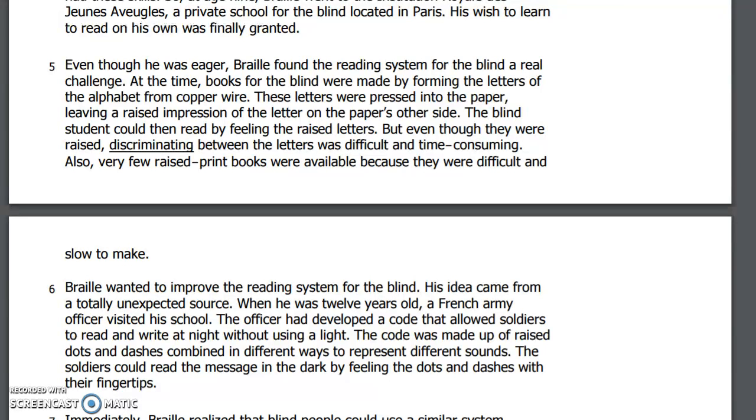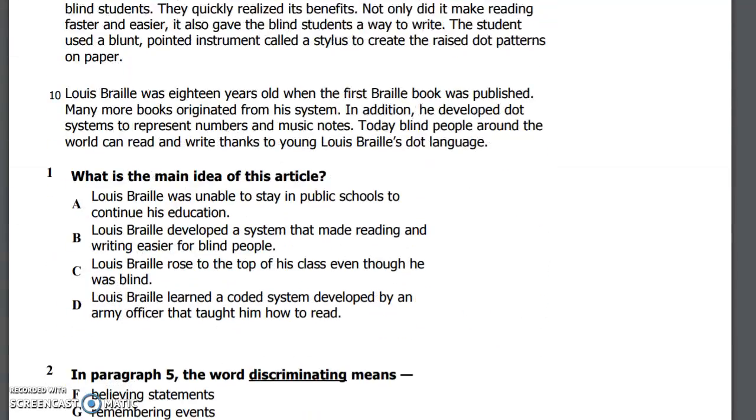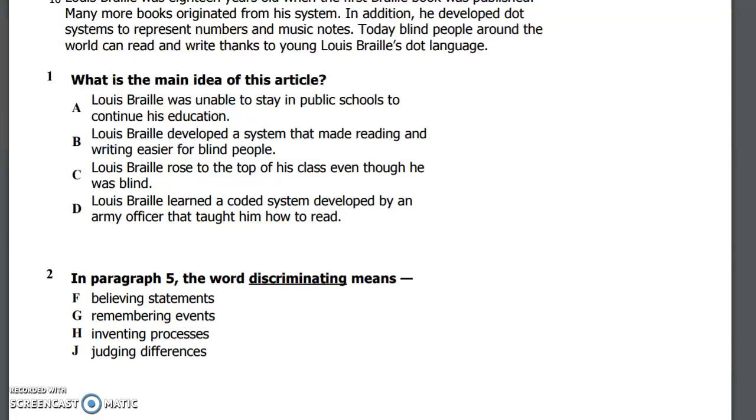Also, very few raised print books were available because they were difficult and slow to make. So in this one, believing statements did not really make sense at all in what we were talking about, because what they're really talking about are these books and the relationship between like the raised print and the letters.